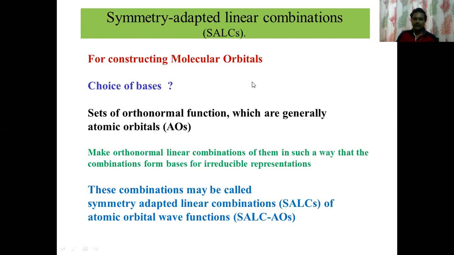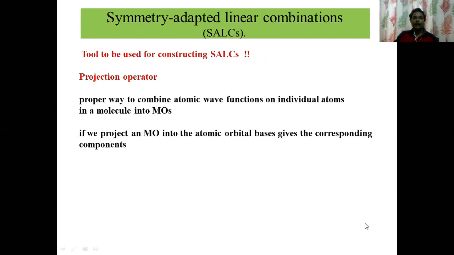To do this, we need to take help of a projection operator. That is basically the way we combine those atomic functions on individual atoms in a molecule. So what is the way to combine them, or what is going to be their proportion, how they are going to combine, right?